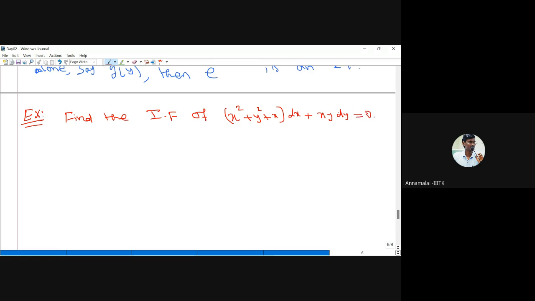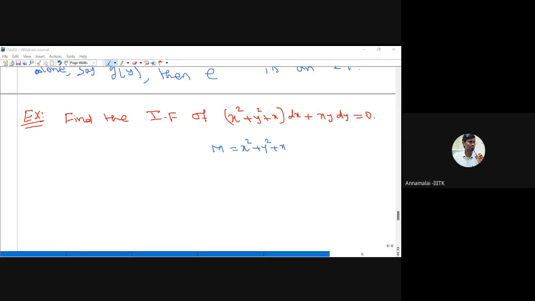First you have to check whether this is an exact equation or not. Anyway, they are asking for the integrating factor, therefore definitely it's not exact. So what is M here? M is x squared plus y squared plus x.